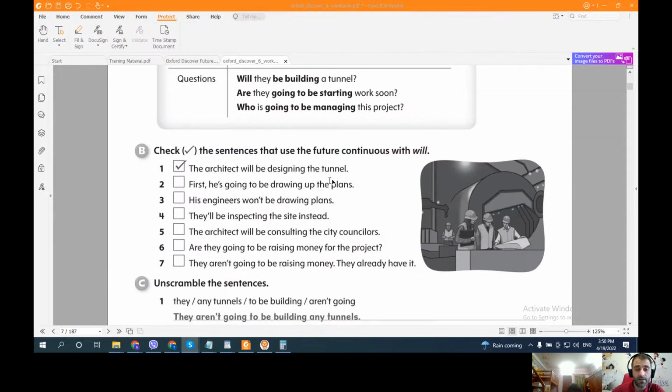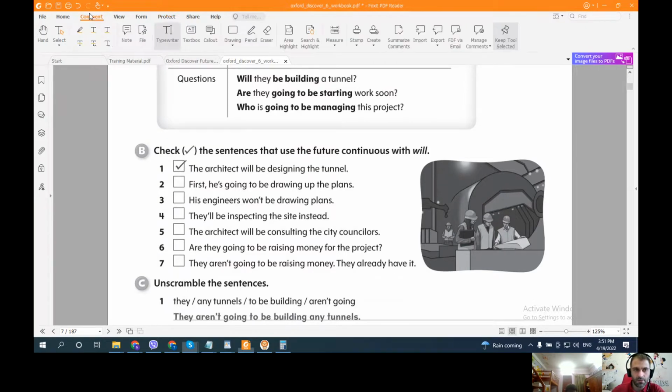Now let's have a look. We have here future. Check the sentences that use the future continuous with will. Okay, now can you please read the sentence number 1 here? The architect will be designing the tunnel. Number 2. First he is going to be drawing the plans. No. Number 3. His engineers will be drawing plans.